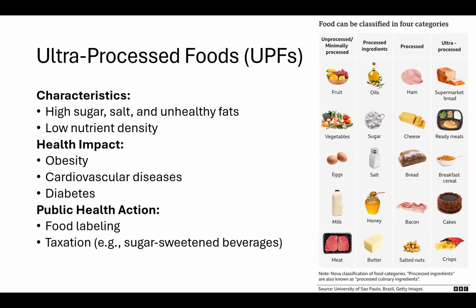For processed ingredients, we have olive oil, sugar, salt, honey, butter. Then for processed, we have ham, cheese, bread, bacon, salted nuts. And ultra processed, we have ready-made meals, breakfast cereals, and these are the ones which have the highest quantity of ultra processed.